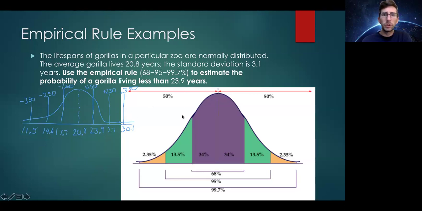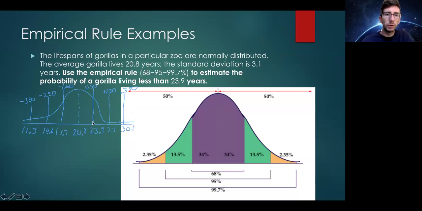And now we can answer the question with the help of our cheat sheet over here. The question wants to know, by using the empirical rule, estimate the probability of a gorilla living less than 23.9 years. So if we know the distribution of all of the gorillas' lifespans, if we find the area under the curve, then that will tell us the percentage of all gorillas that will live less than 23.9.